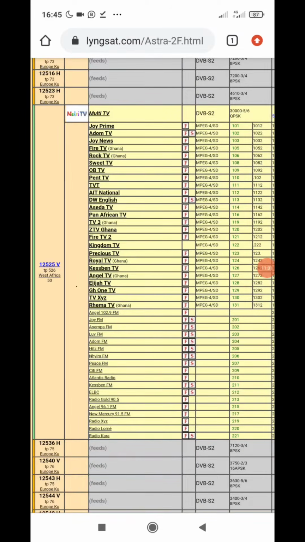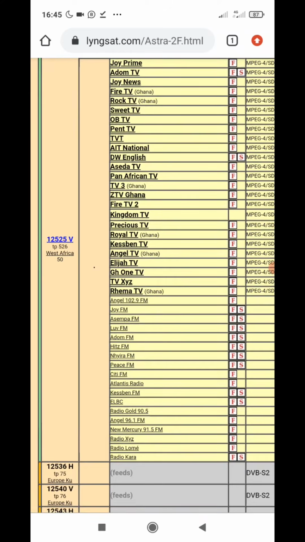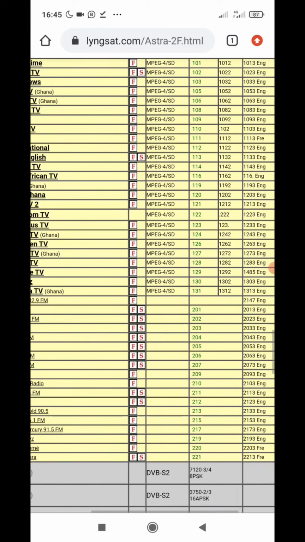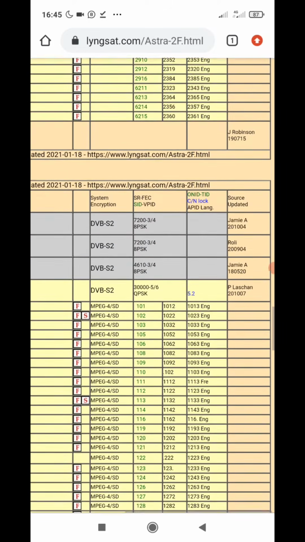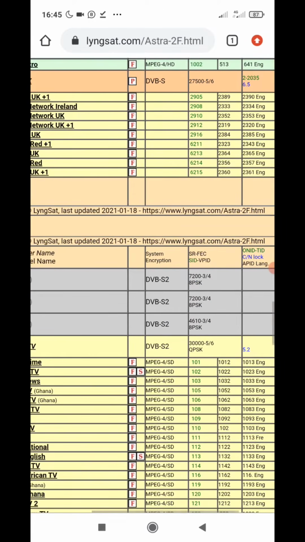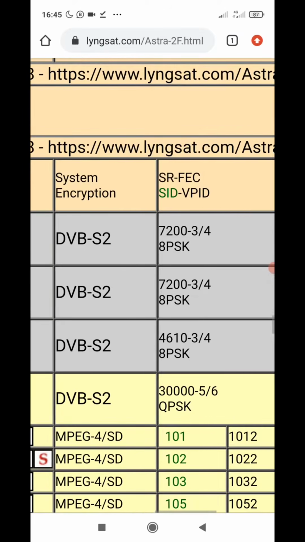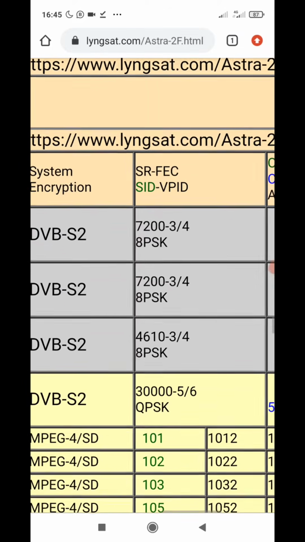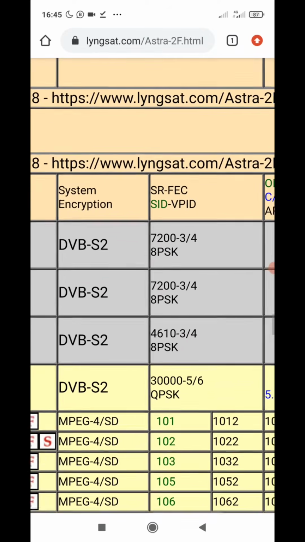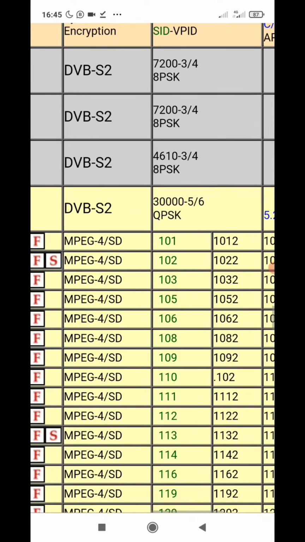From the above explanation on frequency and symbol rate, as we've earlier indicated, 12525V is the frequency and your symbol rate is, you can see here, SR. You can see this column, SR. Okay, so what you have under, you can see 30.